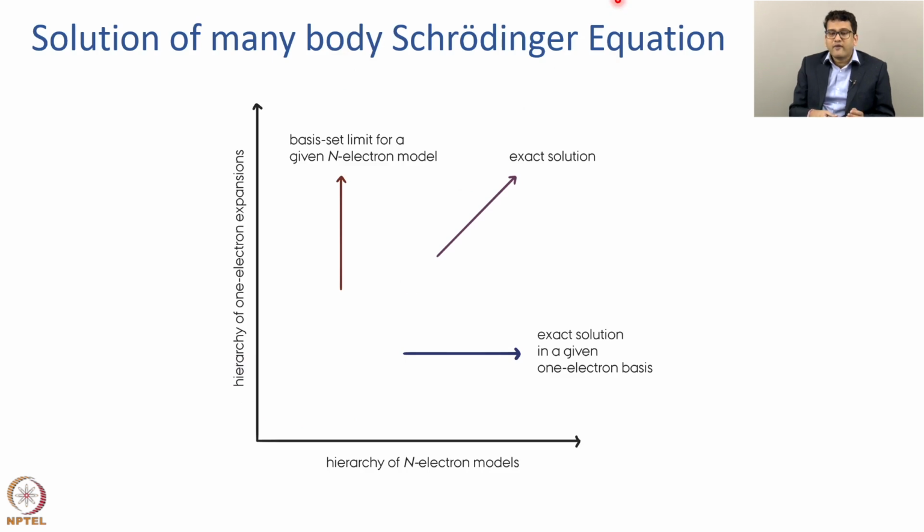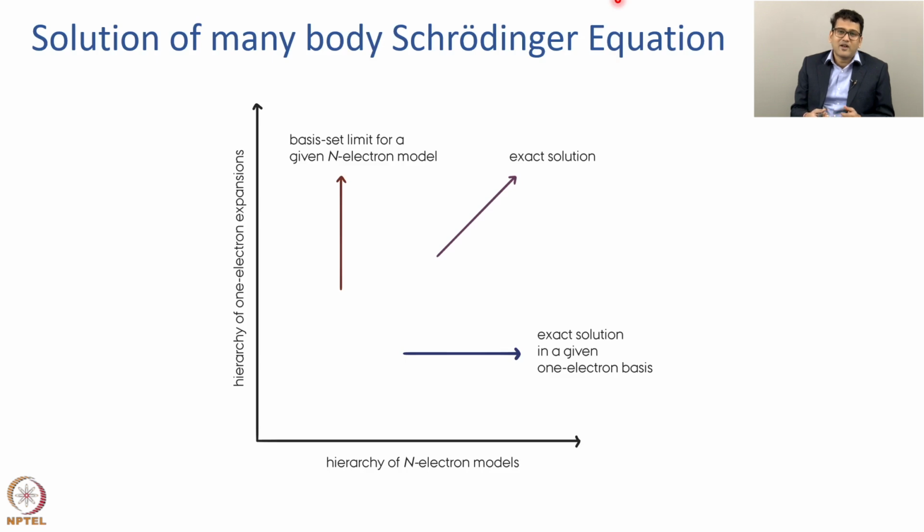So, if I am residing within the Schrodinger equation picture, it is a two dimensional plot. One dimension is the accuracy of the electron model we are using, and the other axis is the basis set limit. If I want to go to a more general picture, then there will be a third axis which will contain the Hamiltonian, how you are treating the Hamiltonian.